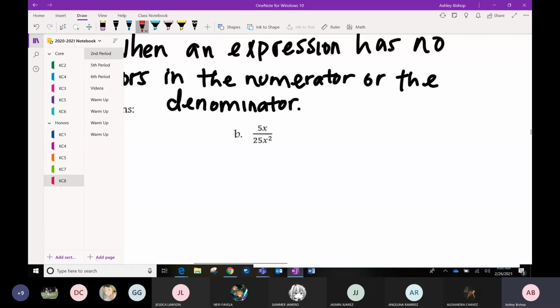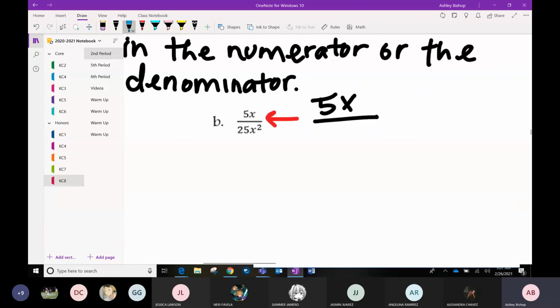So I'm going to first rewrite this by expanding. I'm going to keep the top as 5x, but I'm going to rewrite the bottom by expanding the exponent. Remember, the exponent tells you how many x's you have. This exponent of 2 tells me that I have 2 x's on the bottom. So I'm going to expand it. So I have 25x times x.